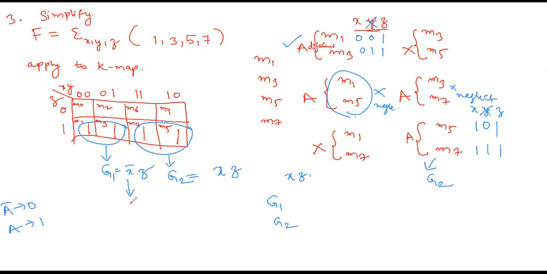So G1 has 0 1, G2 has 1 1. How many bits change? X is changing, 1 bit differs. Z is the same. So you can form a group of cells. These two groups of cells are adjacent.